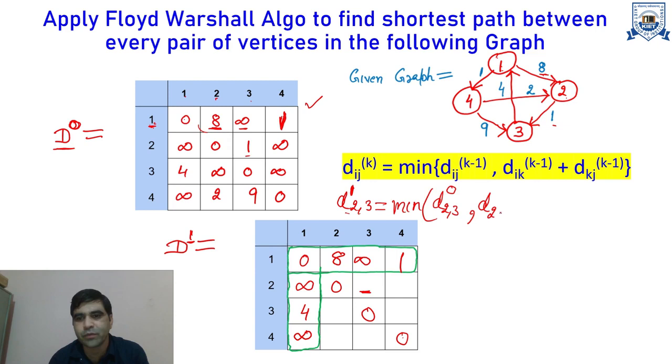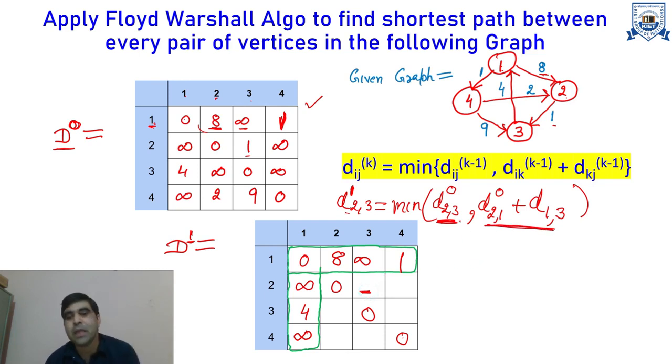K is 1, meaning we are looking at 2, 1 in D0, plus d of kj. What is the value of k? K is 1. And j in our case is 3, and k minus 1 will become 0. Okay, so in this case, whatever the minimum of these two terms is, we'll put over here.